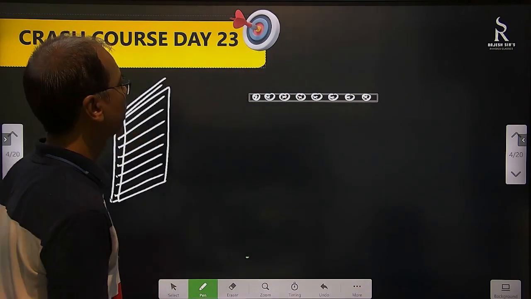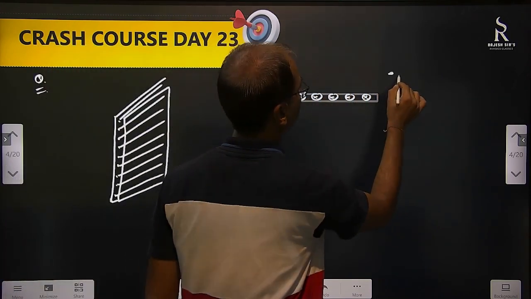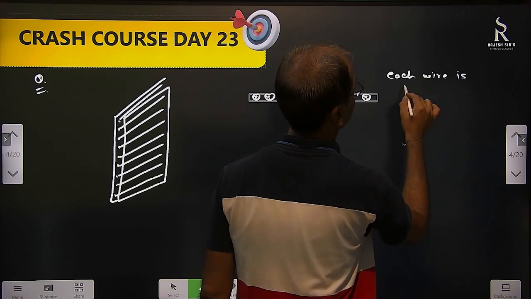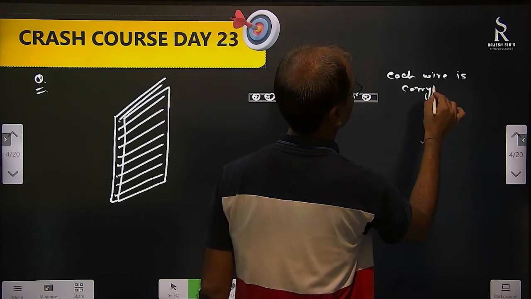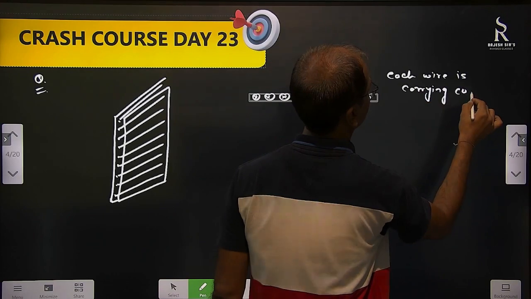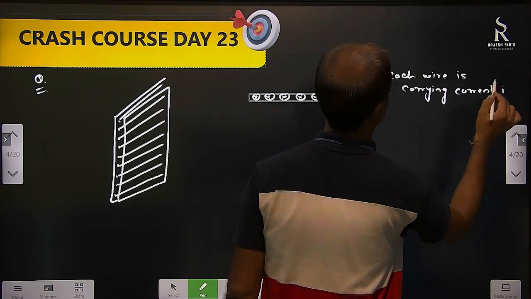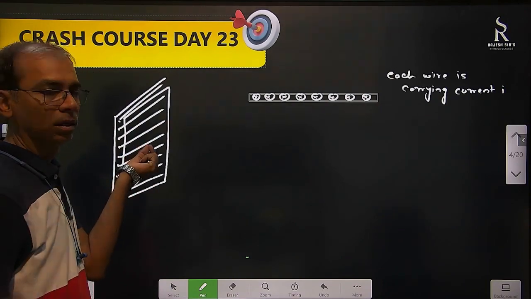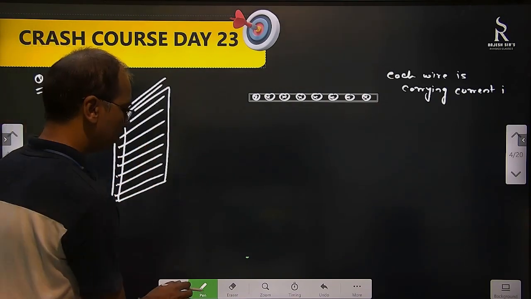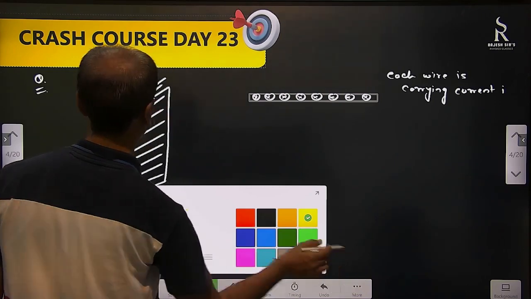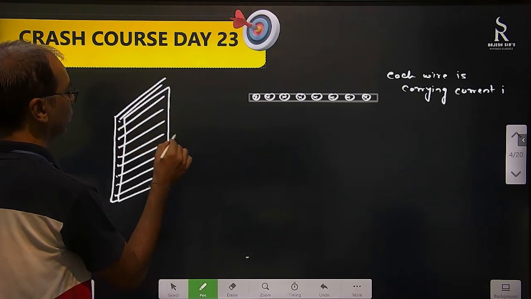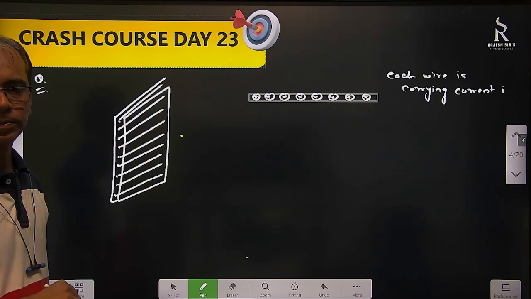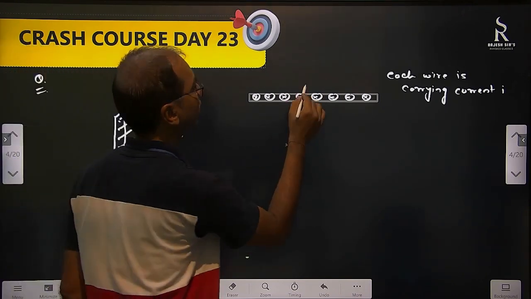Each wire is carrying current I. Now it is asked from you, find the magnetic field just outside this sheet. Just outside, maybe somewhere here, or somewhere here. Very close to this.